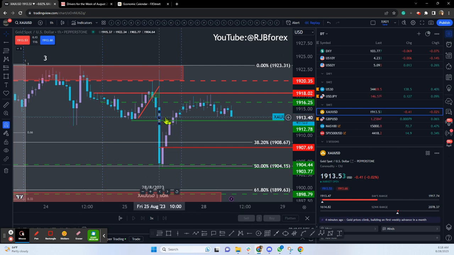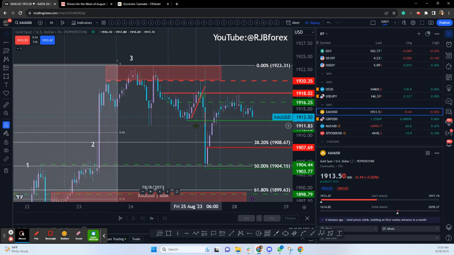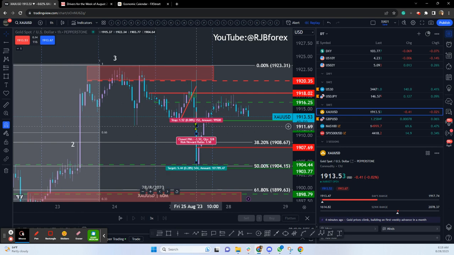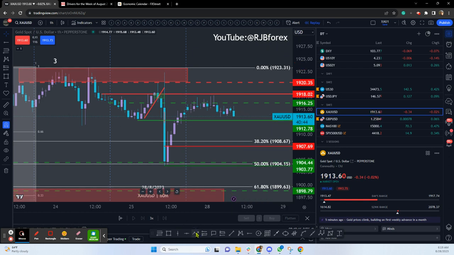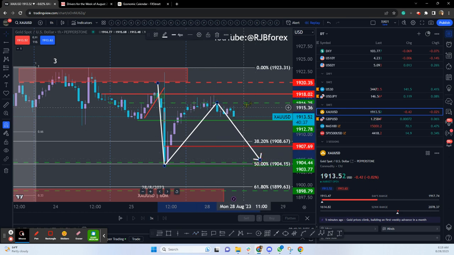If we find that the dollar does firm significantly and yields come off, then this bearish outlook here will soon be invalidated and we'll be looking for the continuation to the upside. But for now, just by the technicals, it looks pretty bearish to me.